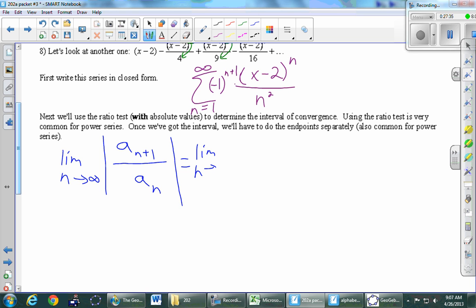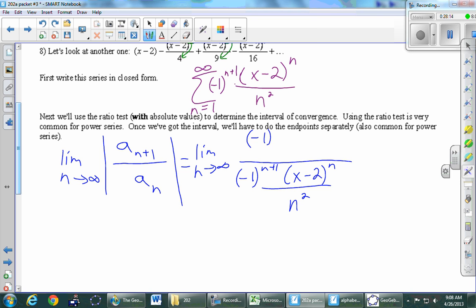Okay, so let's plug in. Limit as n goes to infinity. The easiest thing to do is start on the bottom. You just copy the whole term that's in purple there: -1 to the n plus 1, x minus 2 to the n, divide by n squared. To figure out what goes upstairs, all the n's become n plus 1s. -1 to the, that n becomes n plus 1, plus another 1 is n plus 2.